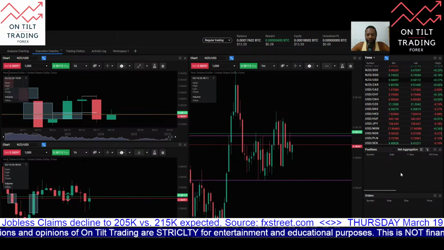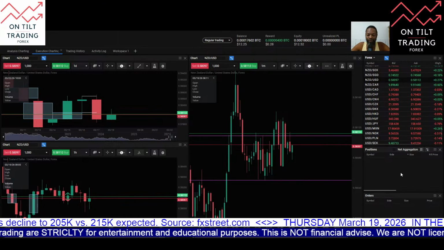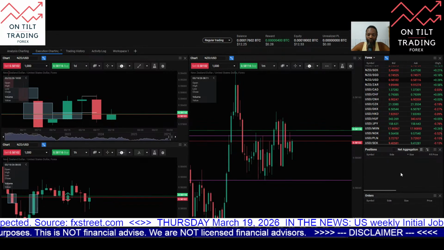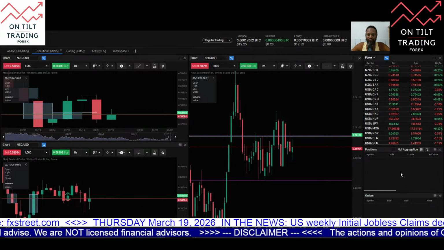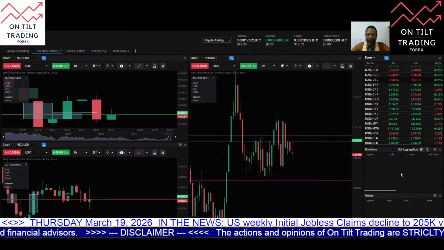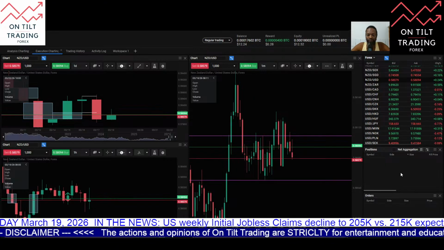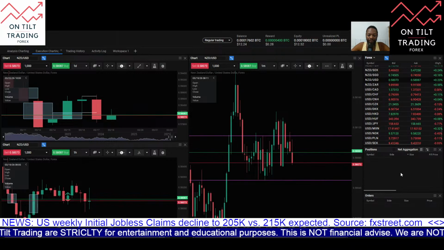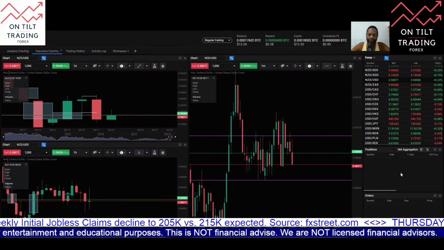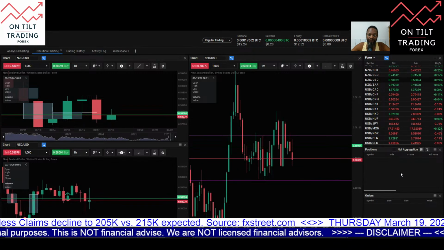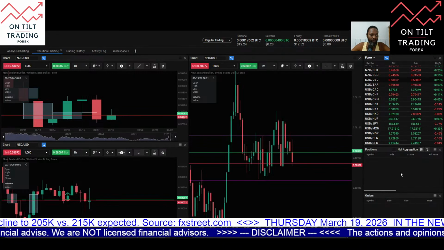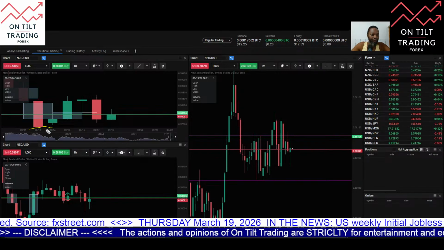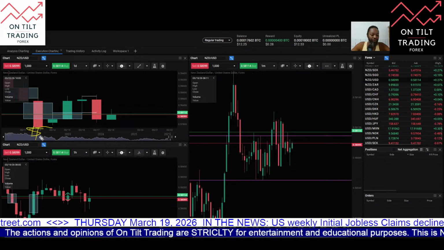Price still currently inside the opening 5-minute range. Seeing some sell side delivery here. There is also the possibility for price to reach down into this liquidity pool here.